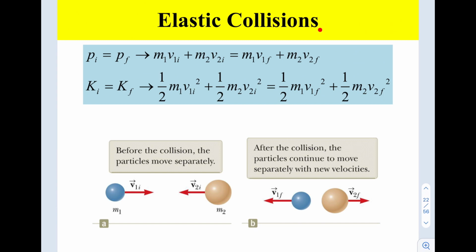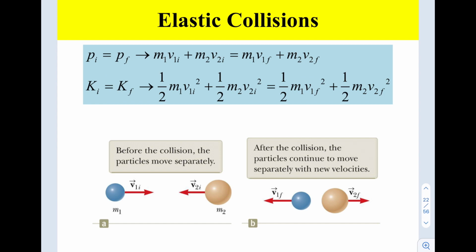The very important information is actually the conservation of kinetic energy in elastic collision. For elastic collision, kinetic energy is conserved. It means that kinetic energy initial is always equivalent to kinetic energy final. So kinetic energy of object 1 initial plus kinetic energy of object 2 initial must be equivalent to kinetic energy final for object 1 plus kinetic energy final for object 2.